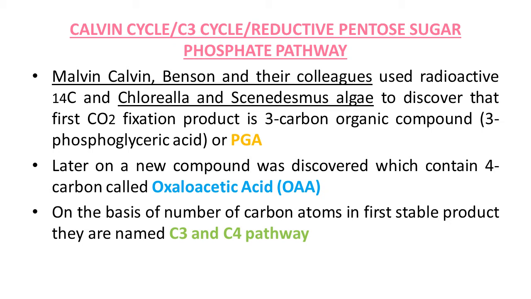Second, those plants in which the first product was a C4 acid, like oxaloacetic acid, known as the C4 pathway. These 2 groups of plants showed other associated characteristics that we are going to study in detail now.